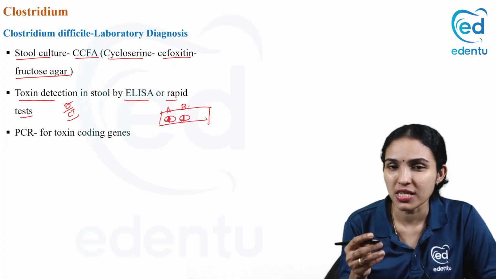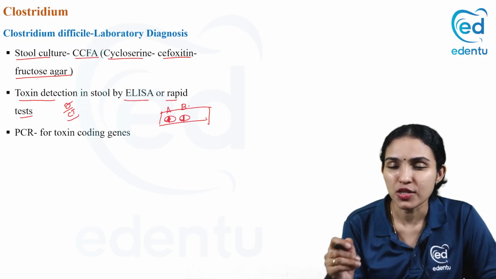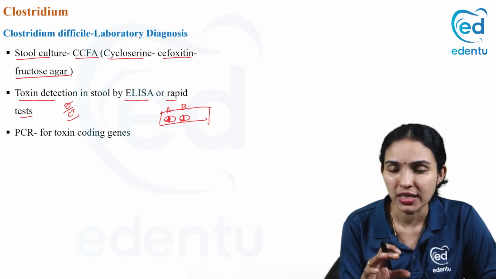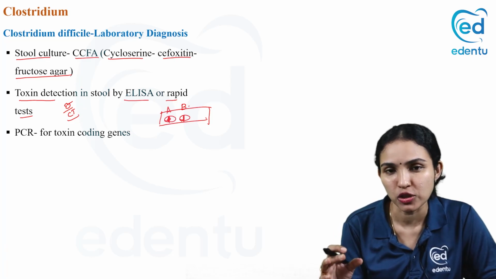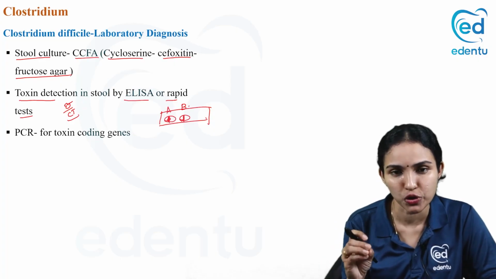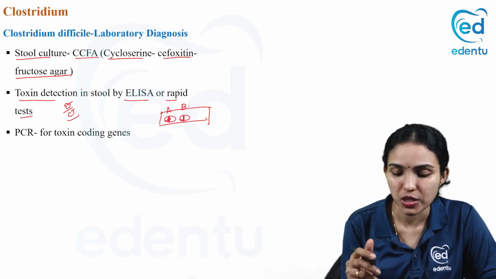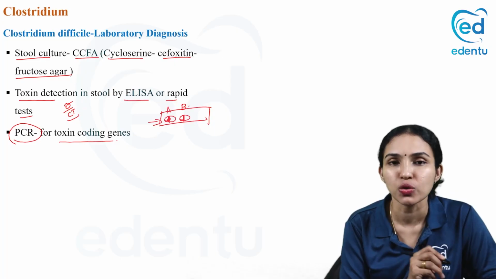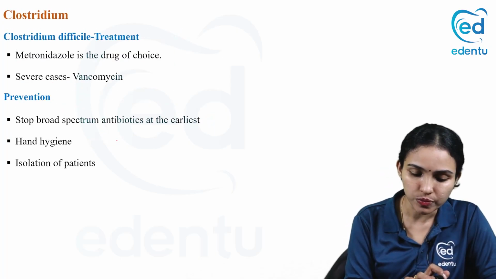Why this is important is that difficile can be a normal commensal. So if you can culture and isolate difficile from stool, it doesn't prove that it is pathogenic. If you want to prove the pathogenicity, you have to show that this produces toxin A and toxin B. So you can directly detect the toxin production in stool by ELISA or rapid card test, or you can go for a molecular test like PCR and detect the toxin coding genes. That is how you do it.